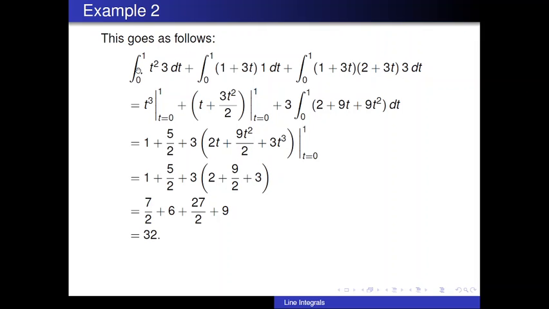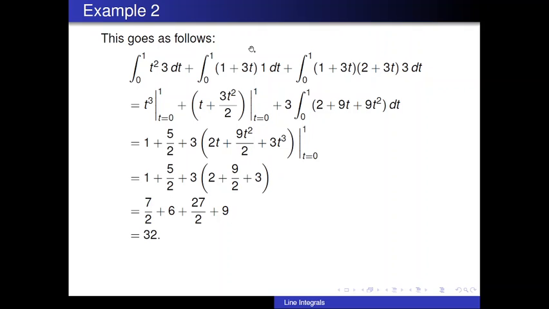And those bounds are 0 and 1 every time, because the way that we modeled our curve was that we let it start at t equals 0 and end at t equals 1. Okay, and then the second function is just x, which we know from our curve is 1 plus 3t. And y prime of t is just 1, so we have here 1 plus 3t times 1 dt.